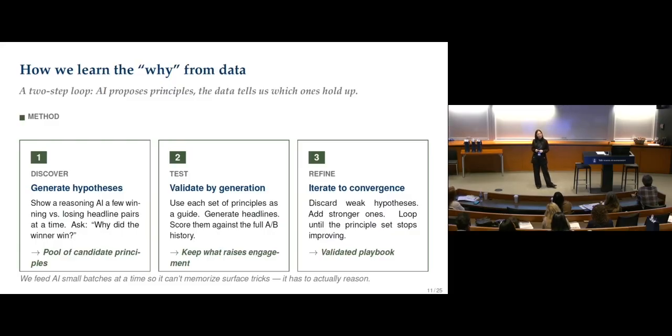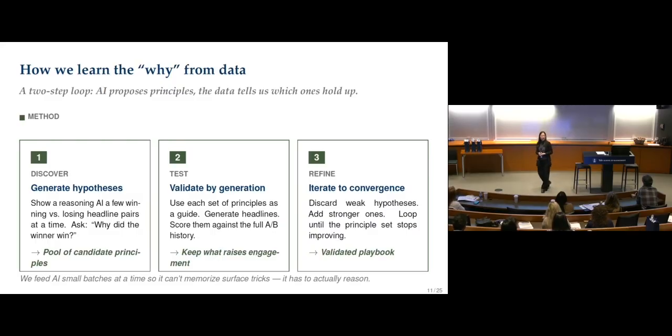That's why we need a second stage where we validate. How do we validate? Here the validation is that we want to eventually select hypotheses that are helpful in generating headlines. During validation, we put the proposed knowledge block, which is a set of hypotheses, in the prompt and ask the LLM to generate headlines following this knowledge block.